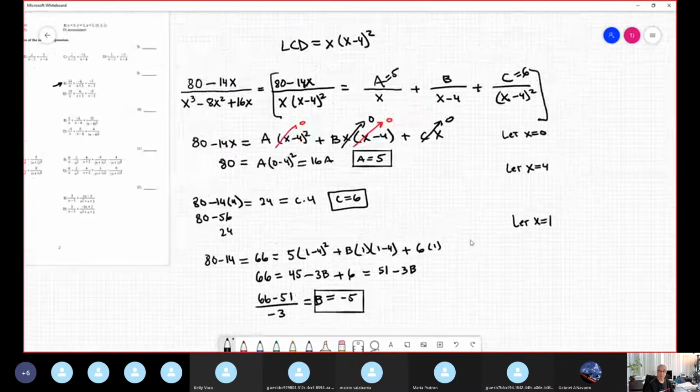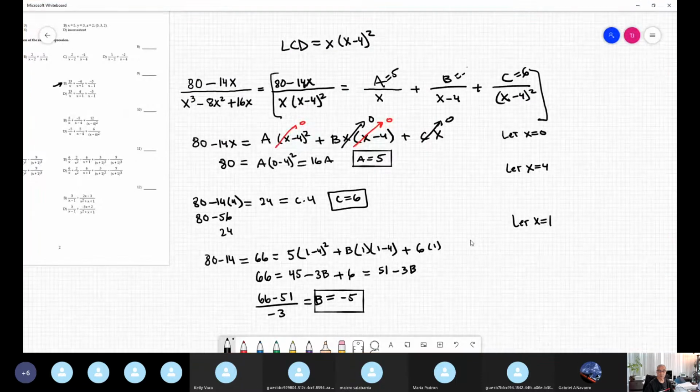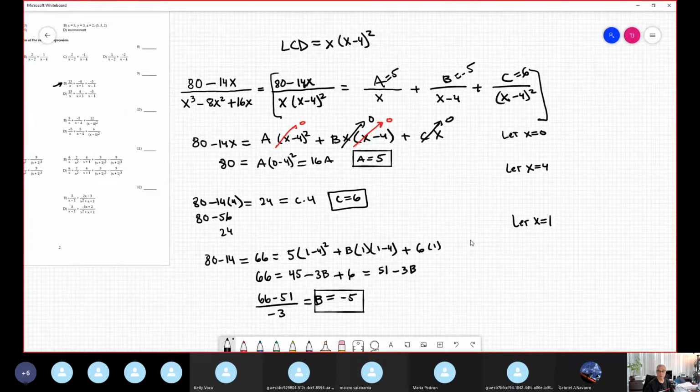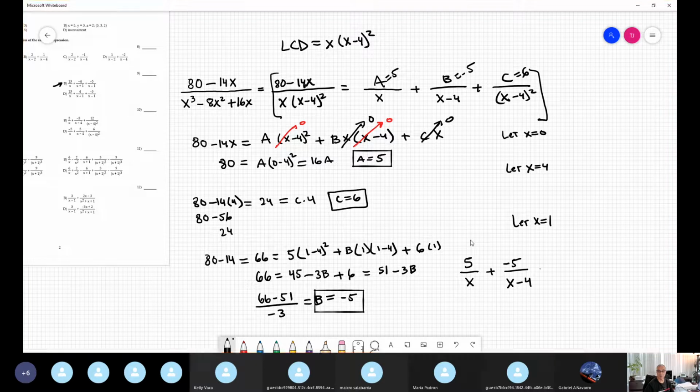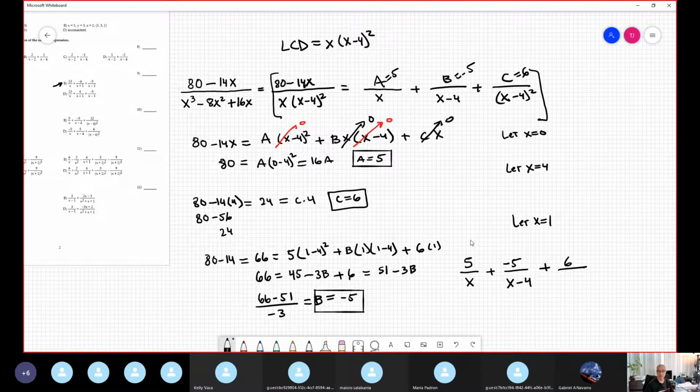B is negative 5. My answer then is 5 over x plus negative 5 over x minus 4 plus 6 over x minus 4 squared is the partial fraction decomposition of this original expression.